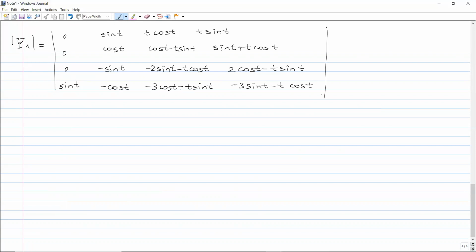Okay, now for this determinant, I'm going to use the first column.